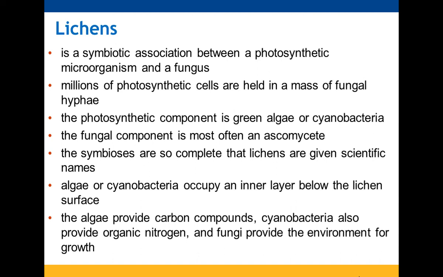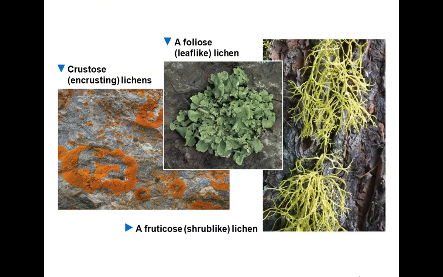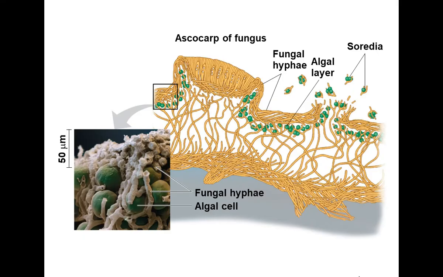The algae or cyanobacteria live underneath the lichen surface. The algae give the lichen the carbon compounds, the cyanobacteria give it nitrogen, and then the fungi gives an environment for the algae or the cyanobacteria to be able to live. So those are examples of lichens.